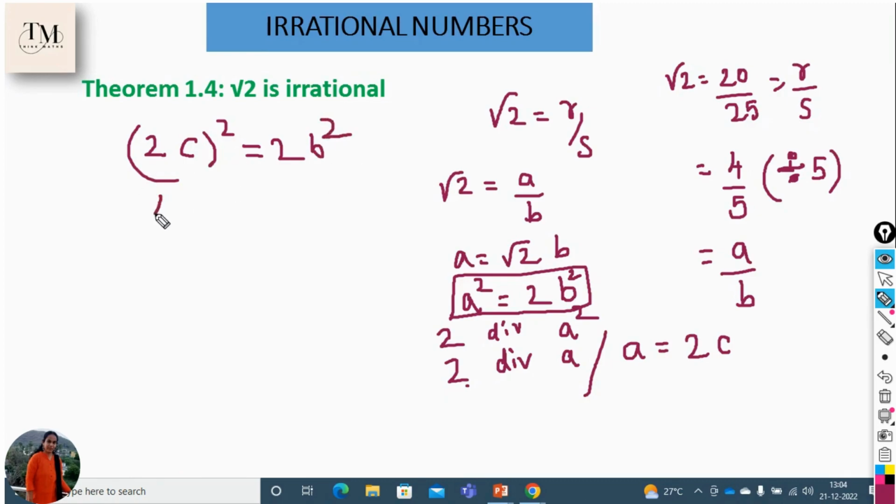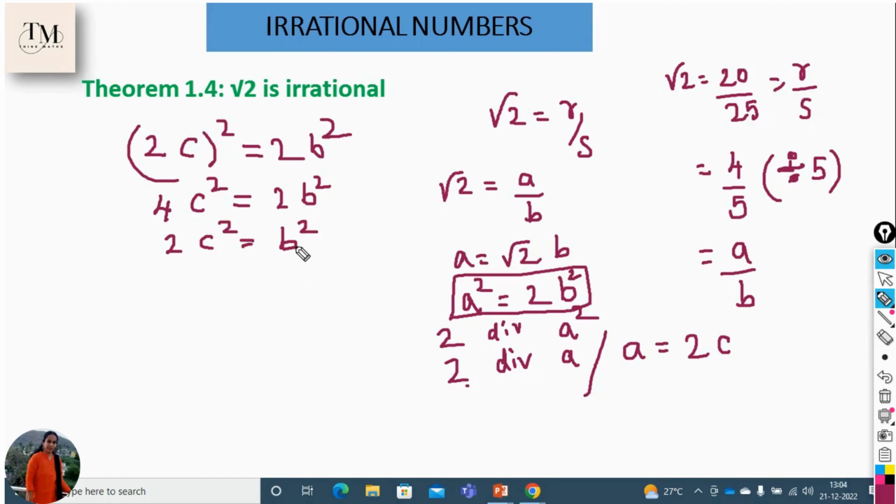So (2c) whole square is 4c square, which is equal to 2b square. So dividing by 2 on both sides, we get 2c square equal to b square.